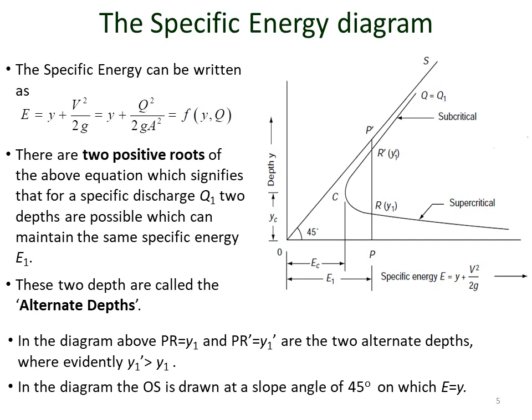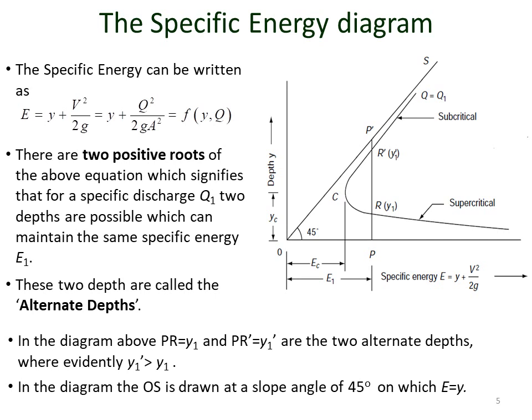Those two depths are two positive roots of the equation of the cubic parabola, and the ordinate PP prime represents the fixed specific energy E1, and the flow depths for that given specific energy are given as ordinates PR and PR prime.